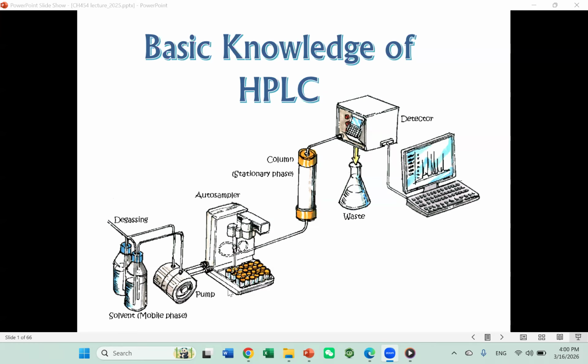Here you do the injection of your sample, and then the eluent, the solvent, brings your sample through the HPLC column, where your sample gets separated. Afterwards, there is a detector connected after the column that tells which sample comes out, and eventually you see the chromatogram on the computer.